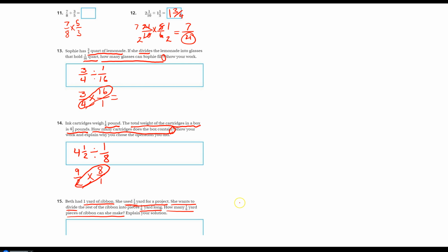So if we have 1 whole yard, that would be 3/3. If she uses 1/3, she only has 2/3 left when she starts the cutting process. So we need to find out how many 1/6 are actually in 2/3. So that's how we're going to set that problem up. How many 1/6 are there in 2/3, because she used one of those thirds before she even started doing the cutting.